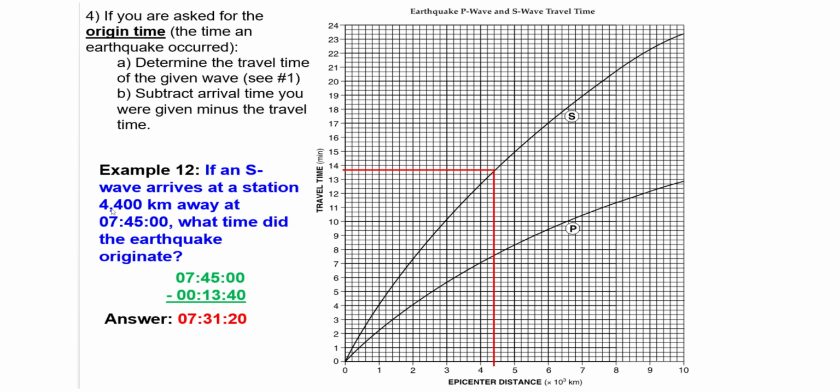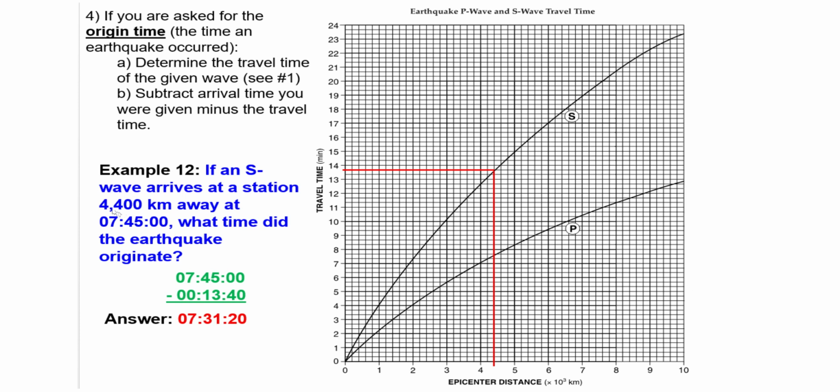We know that the S wave traveled 4,400 kilometers. We want to find out how long it took the S wave to travel that far. If we subtract the time it takes for the S wave to travel that far from the time the S wave actually arrived at the station, we will get the time that the earthquake started.